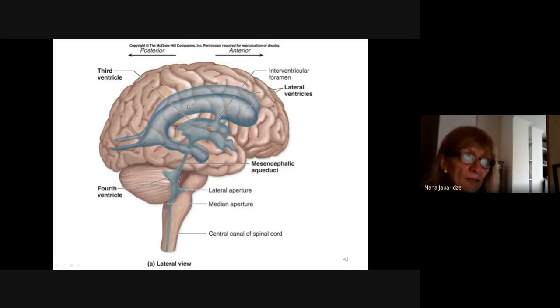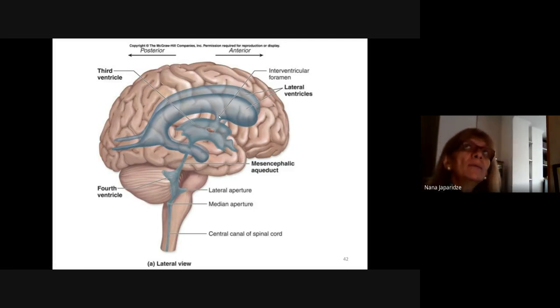The inner surfaces of these ventricles are covered with ependymal cells. Plus, in these ventricles, for example, lateral ventricles, we have also the type of tissue which is the main producer of cerebrospinal fluid.